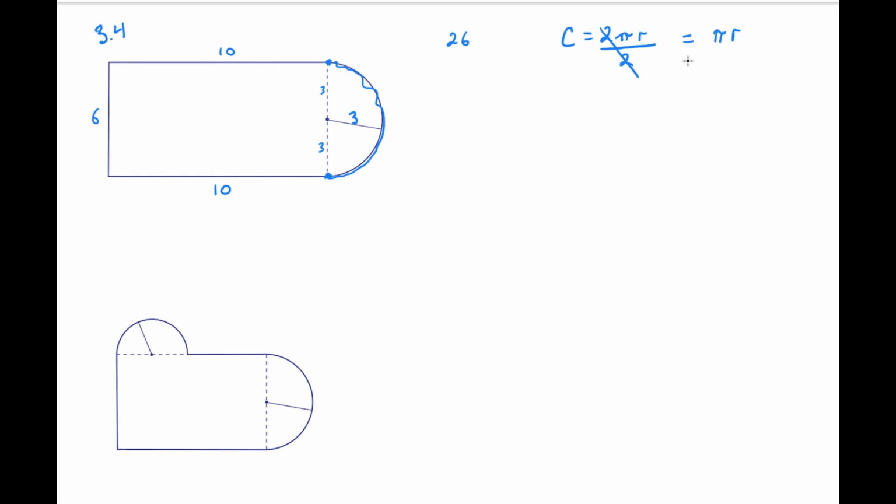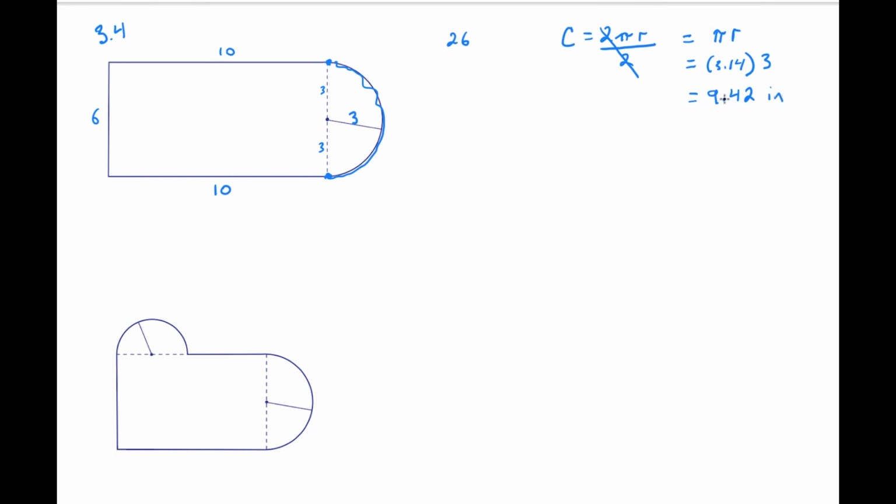So we're going to say that it is 3.14 times 3, because 3 is the radius. And 3.14 times 3 is 9.42. And that is in inches. All right.